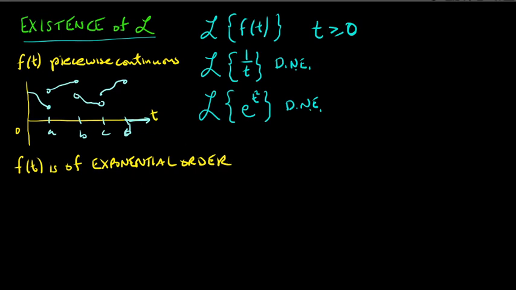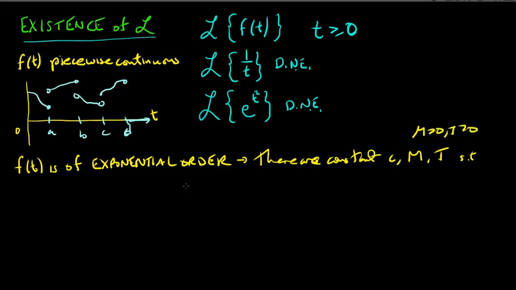Officially, the definition means that there are constants C, M, and T, where M and T are bigger than 0, such that in absolute value, the function f of t is less than or equal to M times e to the Ct, for t bigger than capital T.